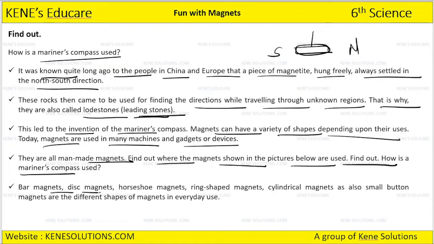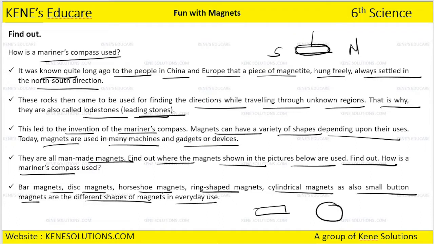Generally, bar magnet, disc magnet, horseshoe magnet, ring-shaped magnet, cylindrical magnets and small button magnets are the different shapes of magnets. So magnets come in many shapes. Bar magnet, it looks like a bar. Disc magnet, it is round in shape. Horseshoe magnet, it is like a horseshoe.